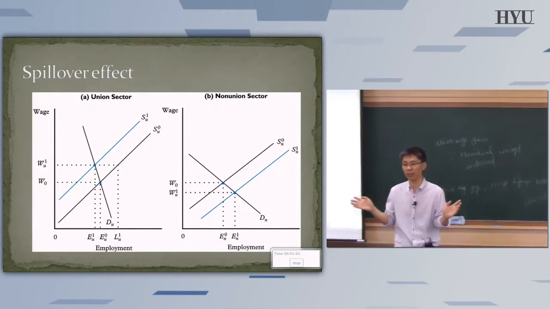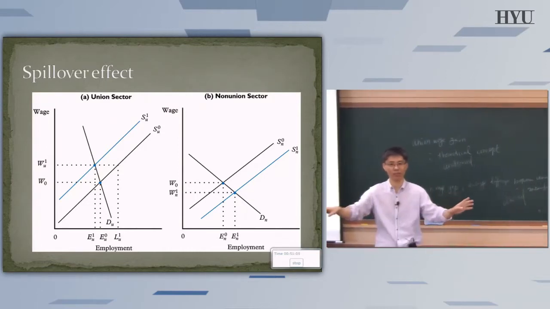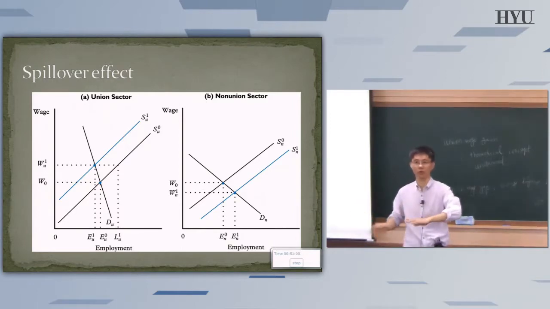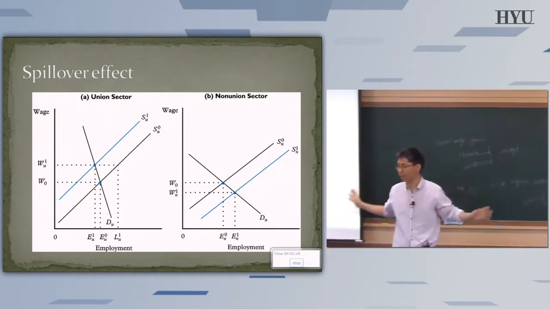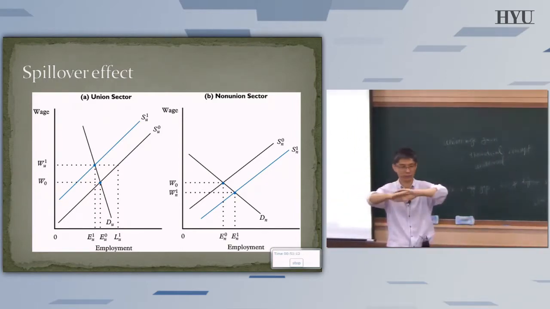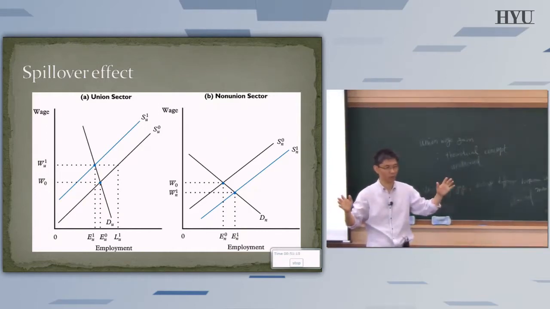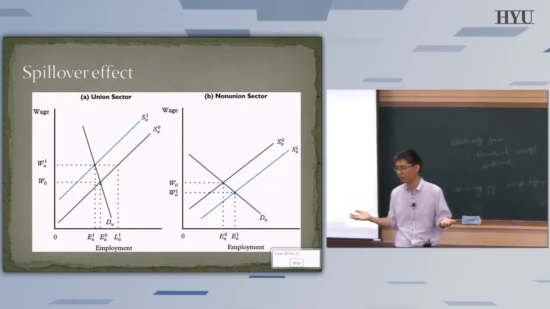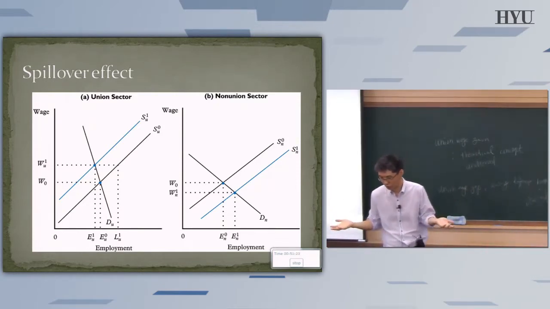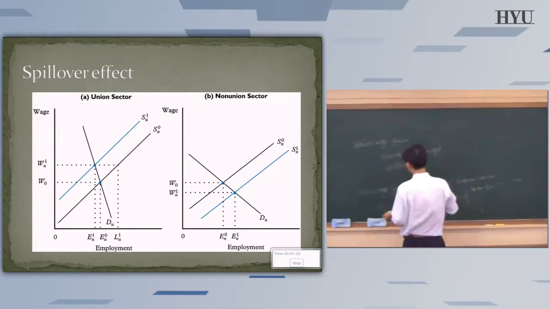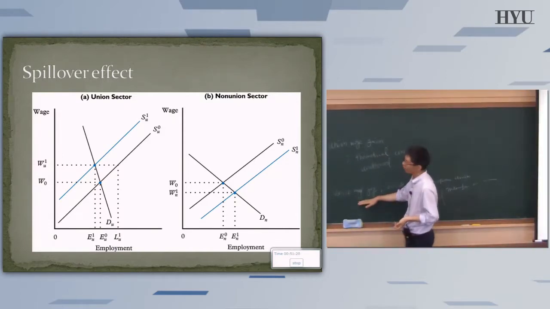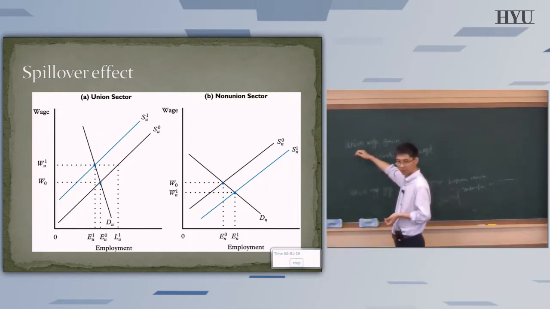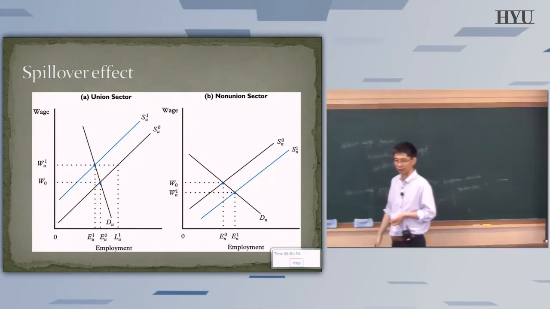Pre-union wage is the wage that workers would get before the union was created anywhere. So if this economy is free from any union, we call it the pre-union wage. Non-union wage is when a union is there and you are not a union member. In that case, the union wage gap is bigger than the union wage gain. So that's the spillover effect.